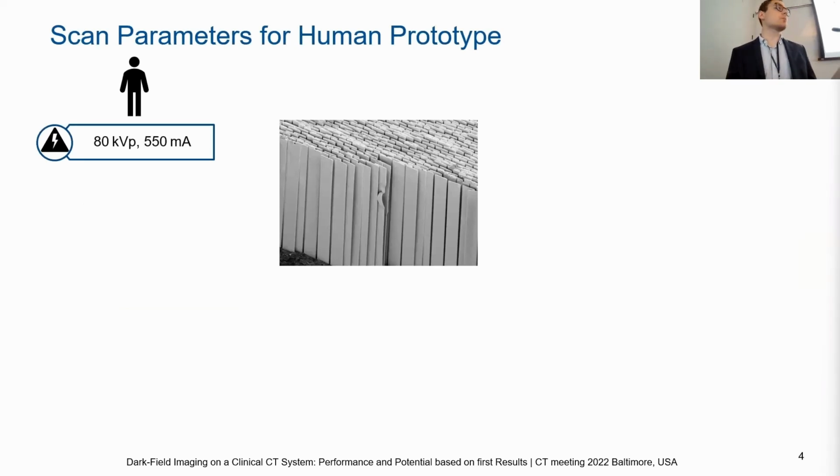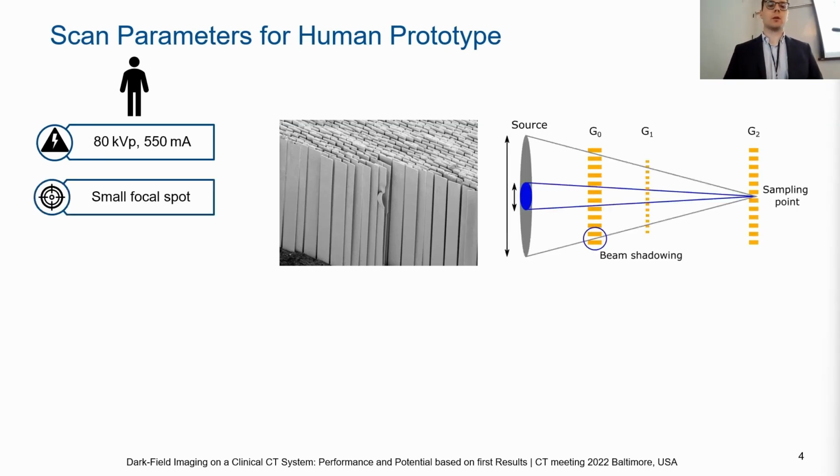This is related to the fact that we need to consider our gratings here, and a harder spectrum would mean that we need higher aspect ratio gratings. Furthermore, we are currently using 550 milliamperes as a current, which is basically the highest setting our system currently offers. And we are also trying to use the smallest focal spot that's possible.